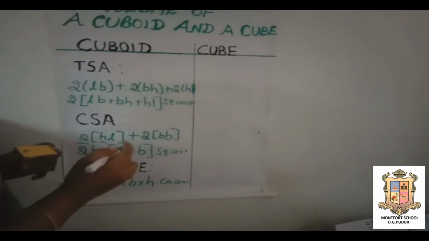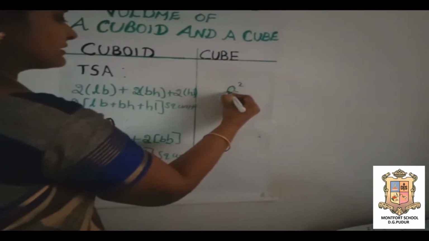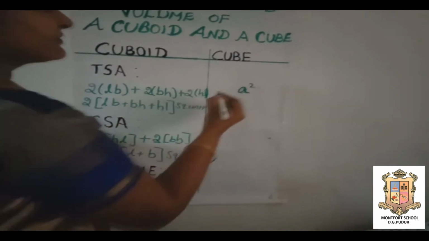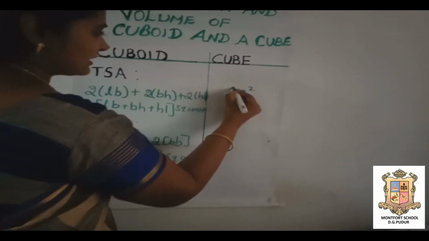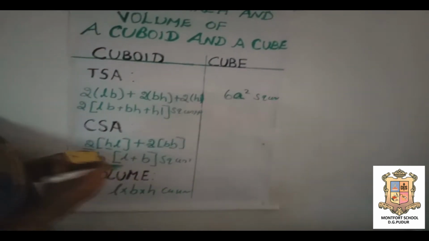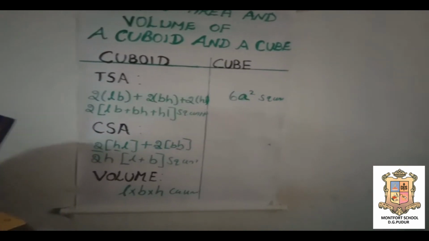We know that the area of one square is A square. Then for 6 faces it is 6A square unit. So the total surface area of a cube is 6A square unit.